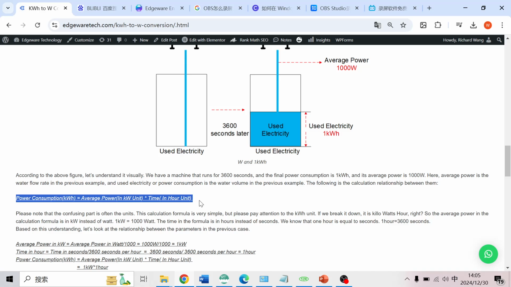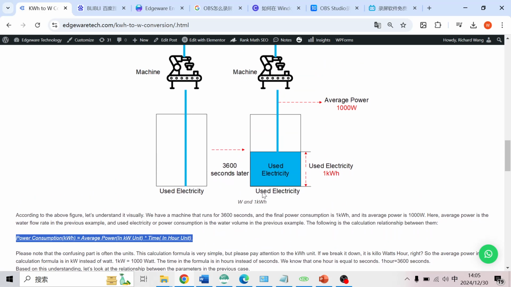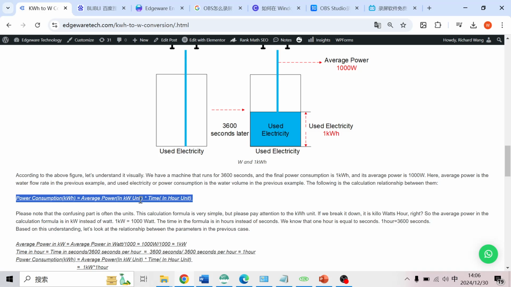The tricky part is that on your computer or whatever machine, a lot of devices show the rating in watts, not kilowatts. When you want to calculate kilowatt hours in this formulation, you really need to use the kilowatt unit. So there's some change here. Also, time is in hours, not seconds.